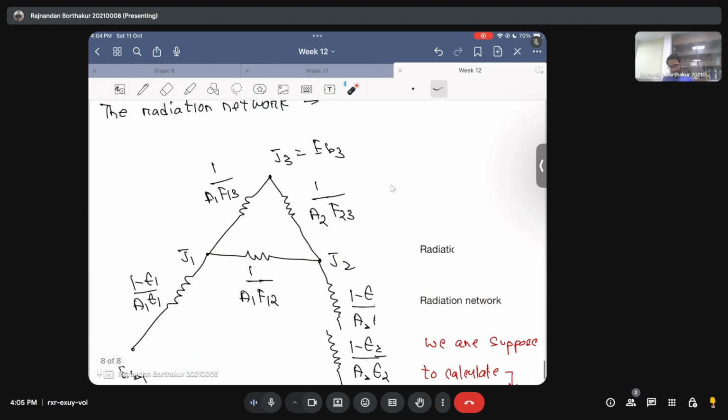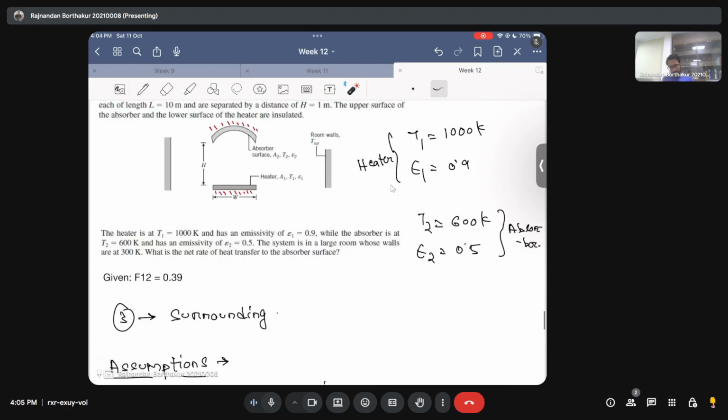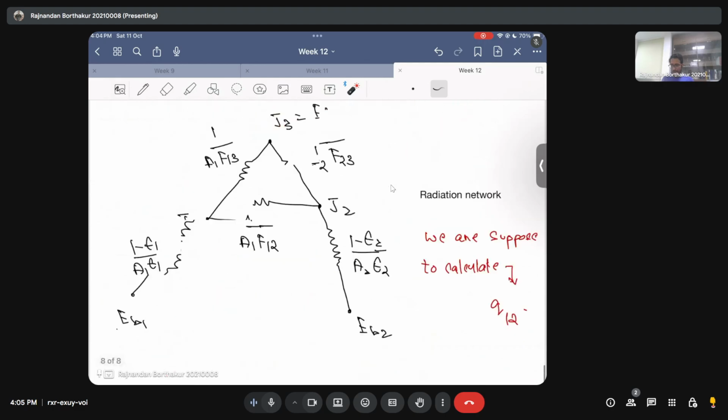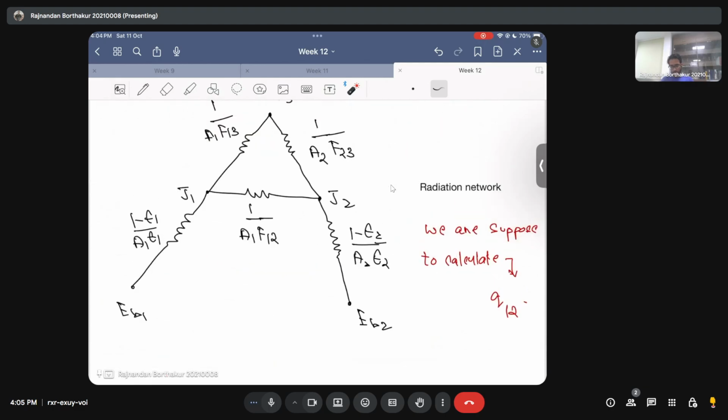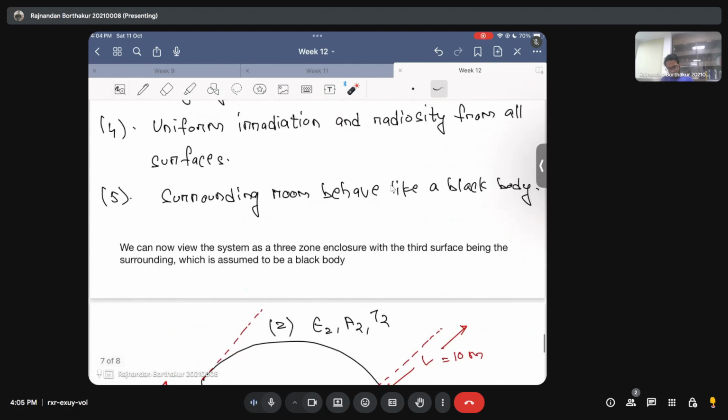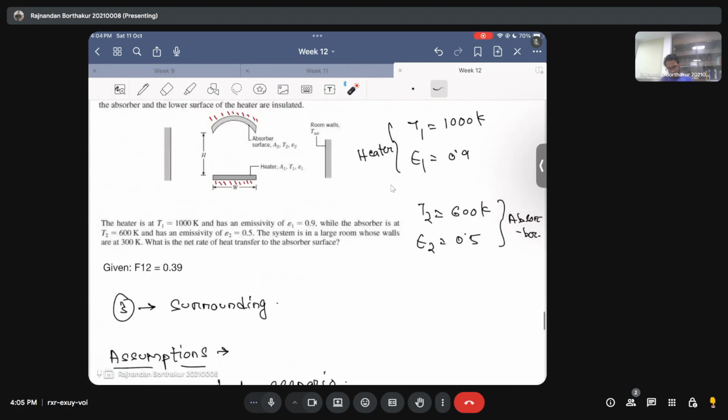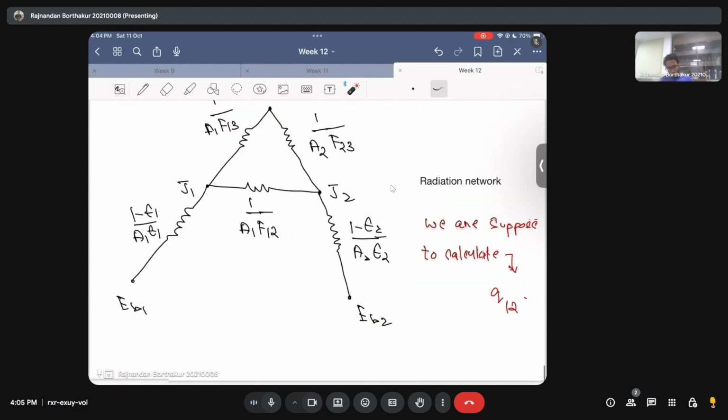Or I think they're asking the net. So let's see what they're asking. They're asking the net rate of heat transfer to the absorber surface. So I'm sorry, I just forgot. Precisely they're asking us to calculate Q2. Because they're asking the net radiation exchange taking place to the absorber surface, which means they're asking us to calculate Q2.